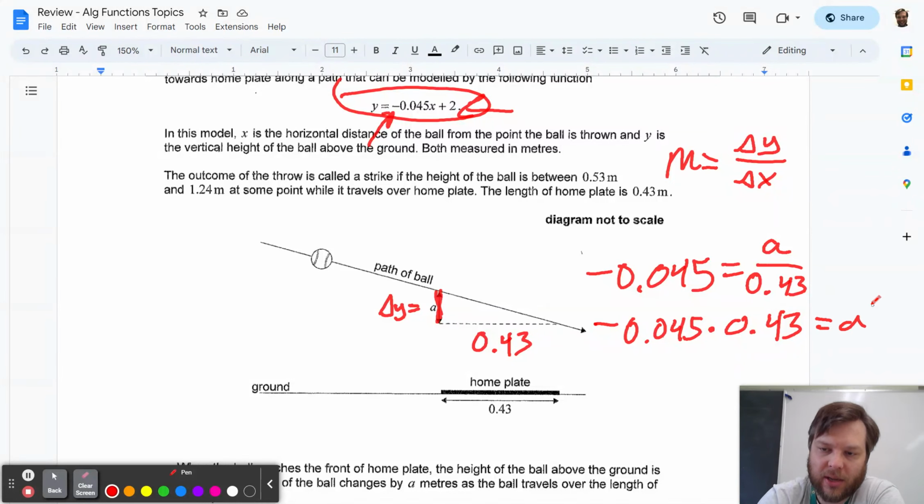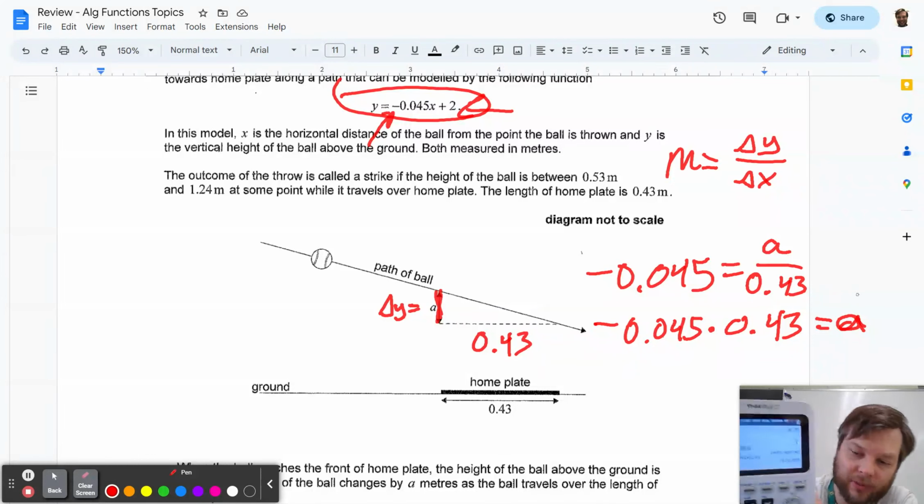This is a key fact that some people don't get down, is that the slope tells you how much the y value changes. And so if you multiply the slope by how far you've moved left to right, then you know how far you've moved up and down. So we can take our slope, negative 0.045, times 0.43.